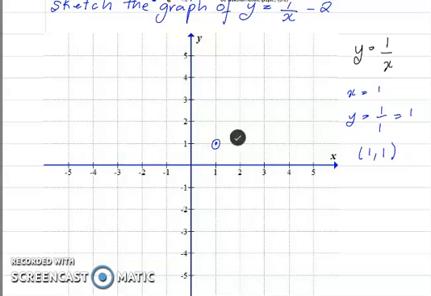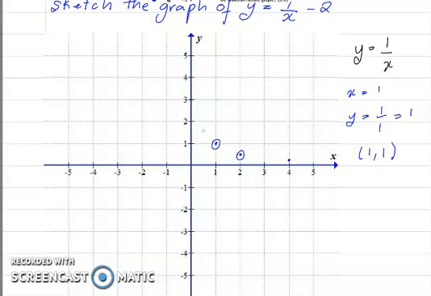When x is 2, y is equal to 1 over 2, which is a half. So this point is here. When x is 3, you get a third. When x is 4, you get a quarter. So somewhere around there.